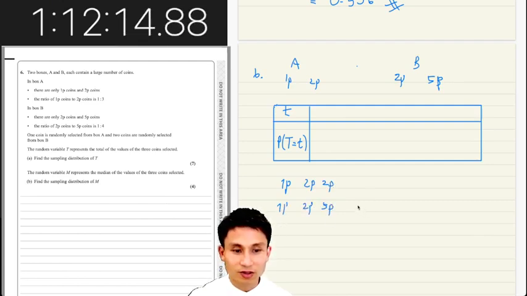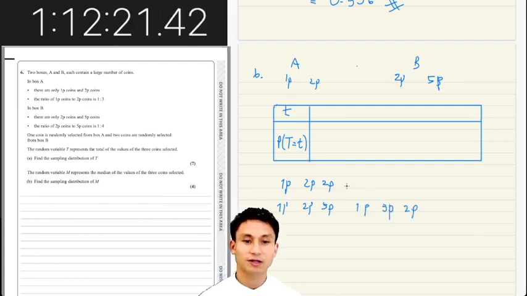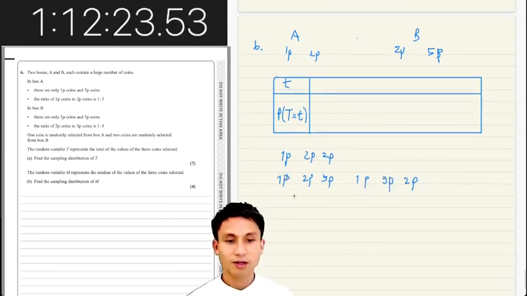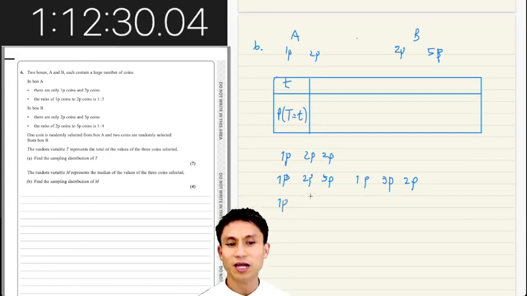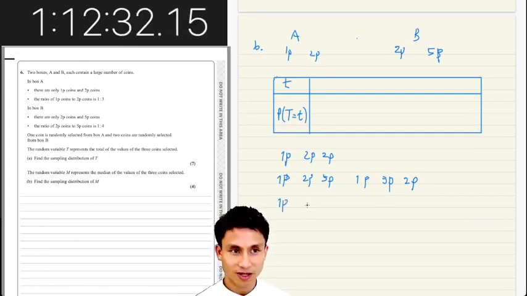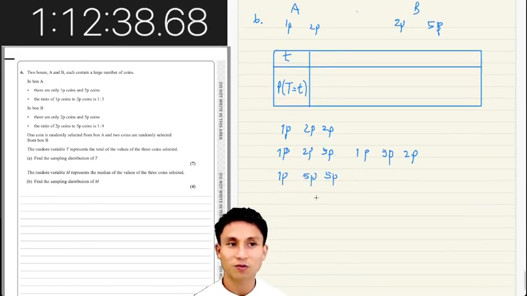And this can be also 1 pence, 2 pence, 5 pence, 2 pence, right? Okay. Yeah, that's okay. It's just kind of like tree diagrams. All right. And then I could also have 5 pence and 5 pence, right?